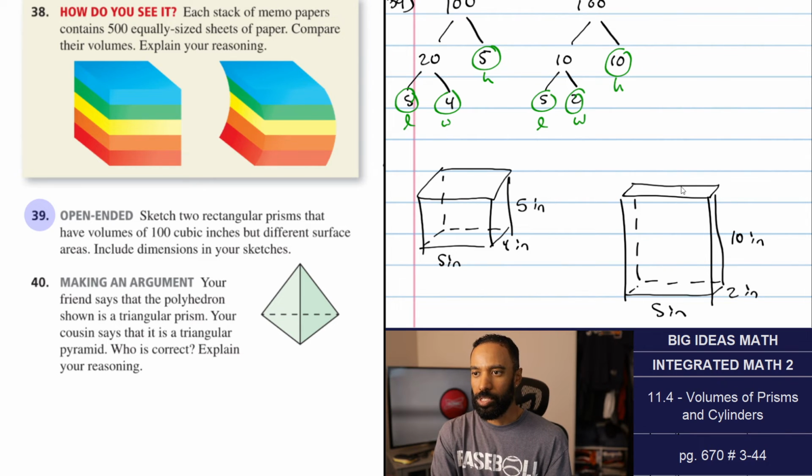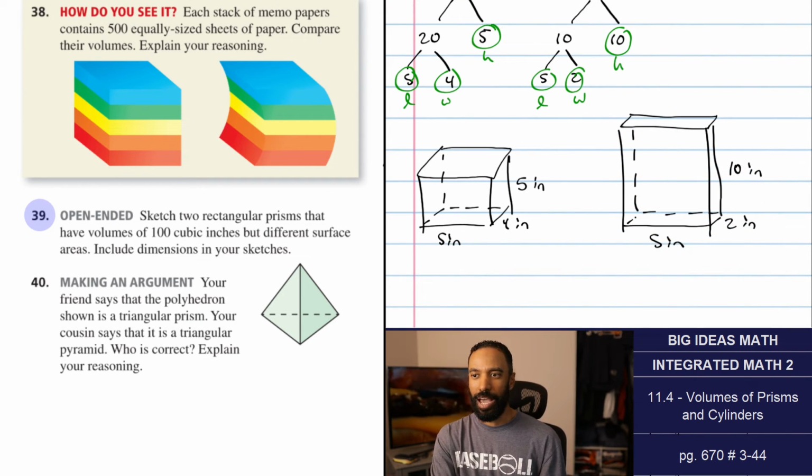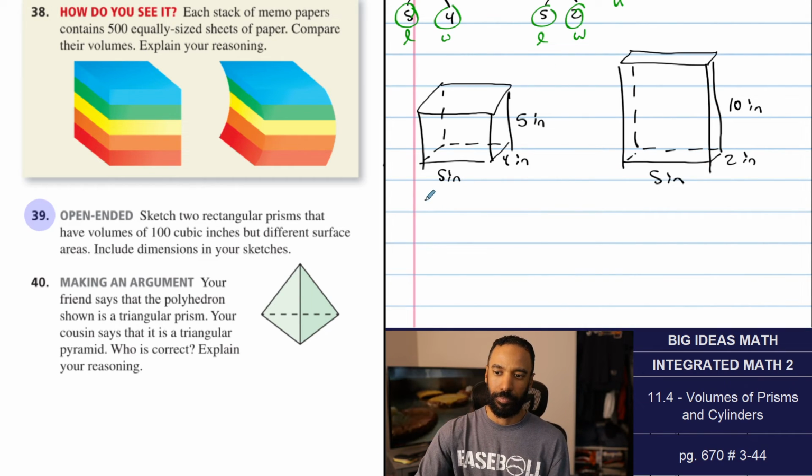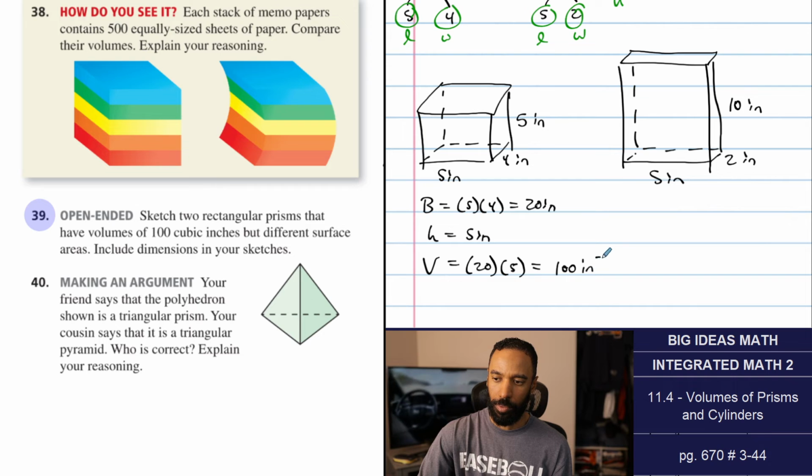So they were close to having the same surface area, though, when I just calculated them in my head. But the volume here: area of base is 5 times 4, which is 20, and the height is 5. So the volume is 20 times 5, which is 100, just like we wanted.